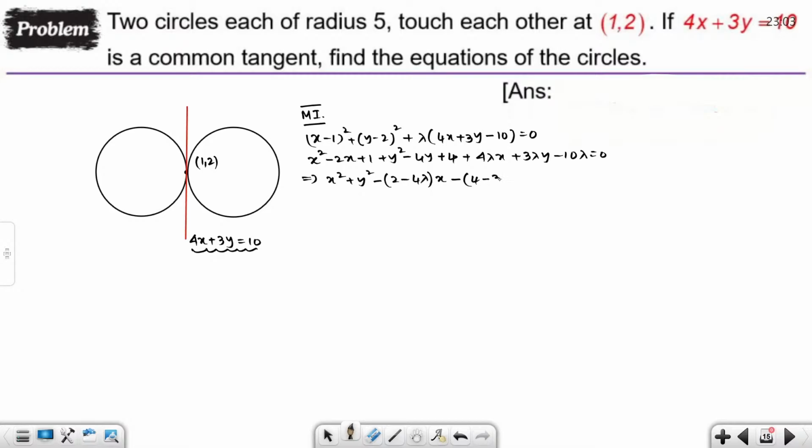So 4 minus 3 lambda y plus 5 minus 10 lambda equals 0, right?